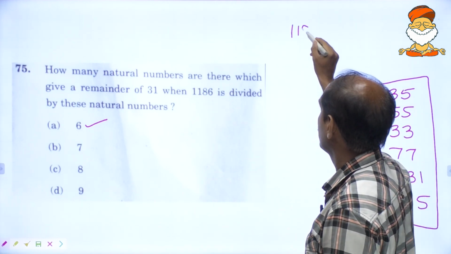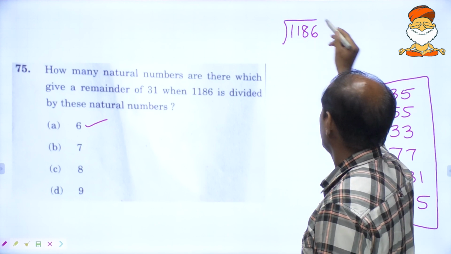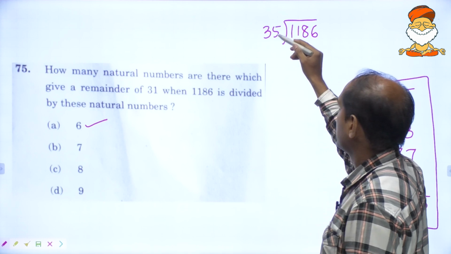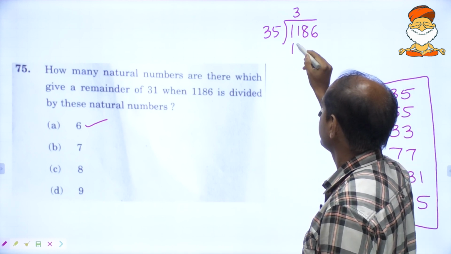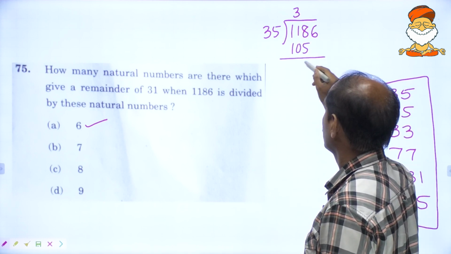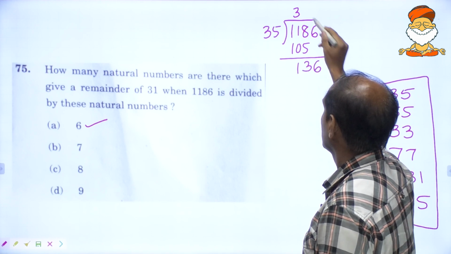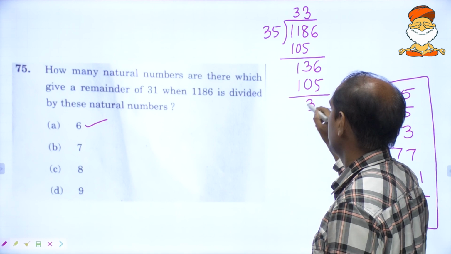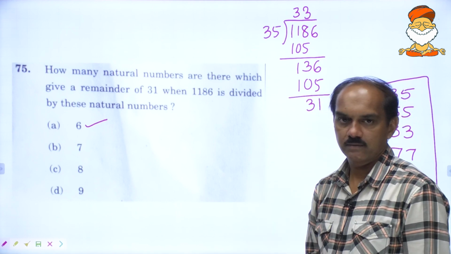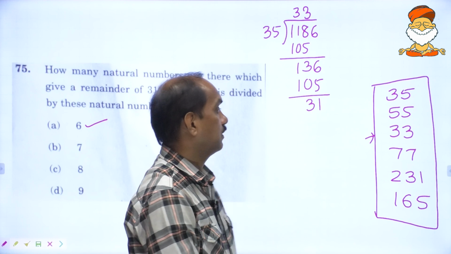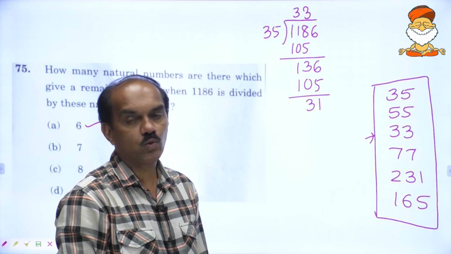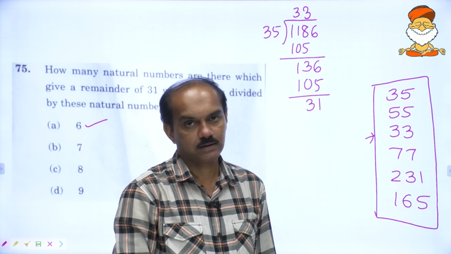1186 divided by 35. 35 3s are... yes, we got the remainder 31. You check by using any of these numbers, you will get to see the remainder 31.